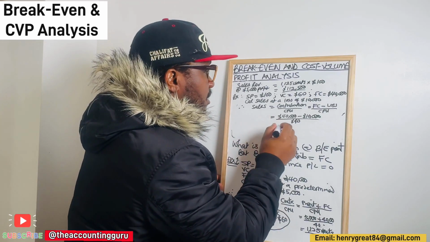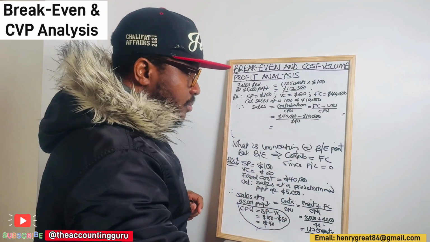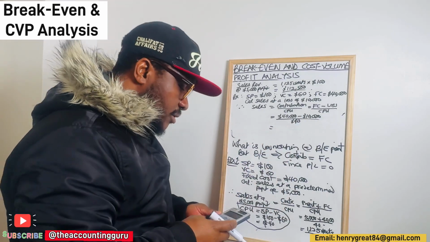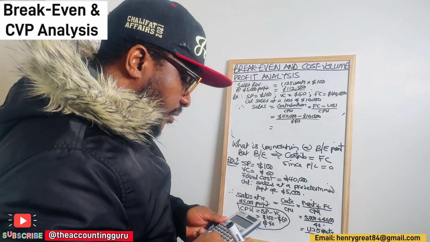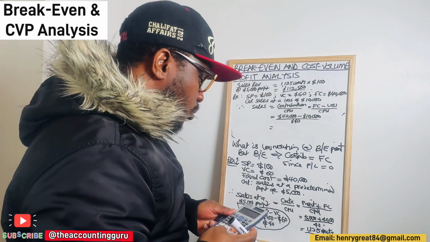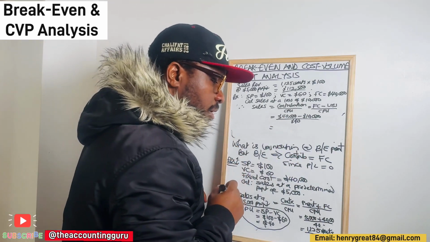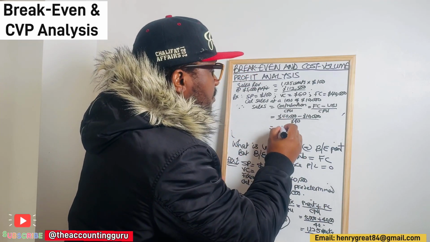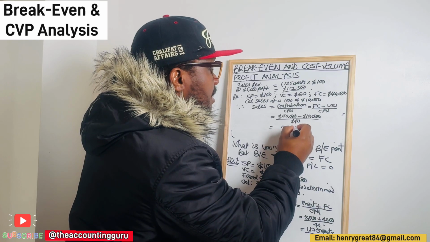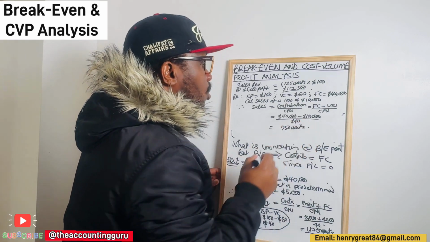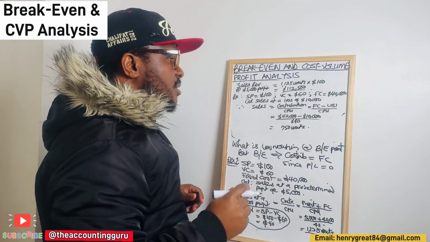So we are saying 40,000 minus 10,000 gives us 30,000, divided by 40, and the sales at which a loss will be made is 750 units. 750 unit sales.